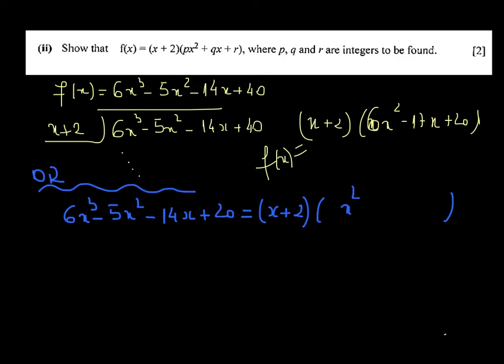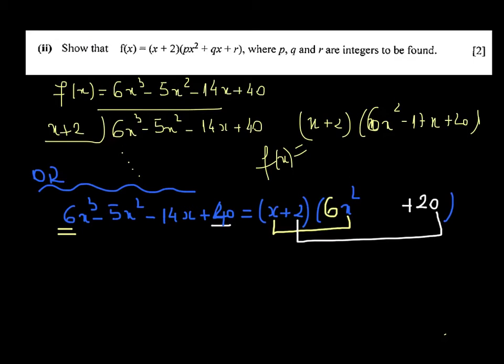So x times x squared will give you x cubed, and you must have 6x cubed, so therefore you must have 6x squared here. Now, what's the free term, the term with no x? It comes only from 2 times the term with no x here. It must be 40, therefore the term here must be 20.